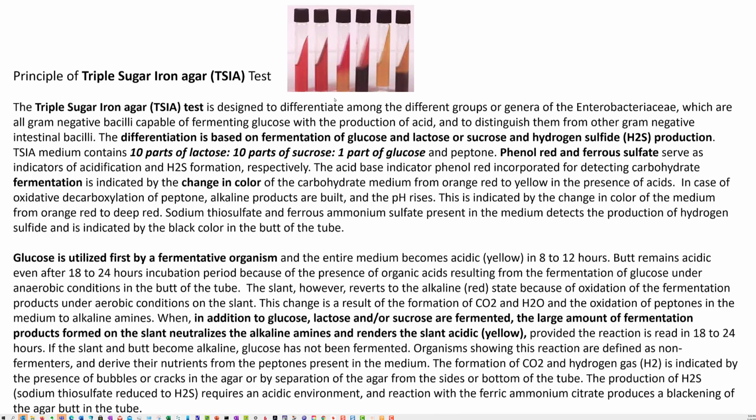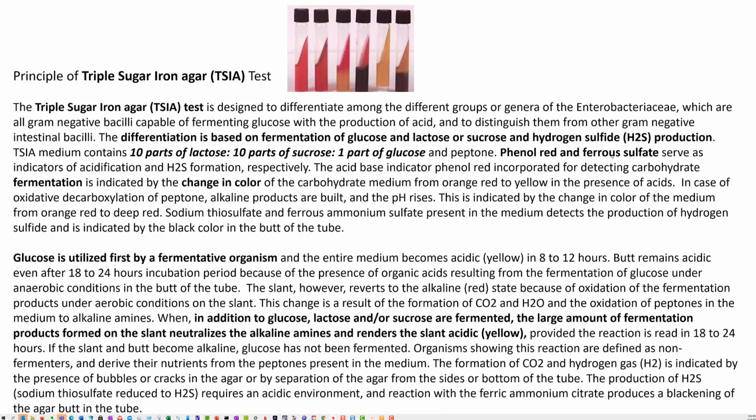The differential basis, the top yellow and the red and all that, is based on fermentation of three different sugars: glucose, lactose, and sucrose. What's interesting is that you have 10 parts of lactose and 10 parts of sucrose to only 1 part of glucose. And there's a reason for that. It's really clever. And then a peptone to have it break down protein.